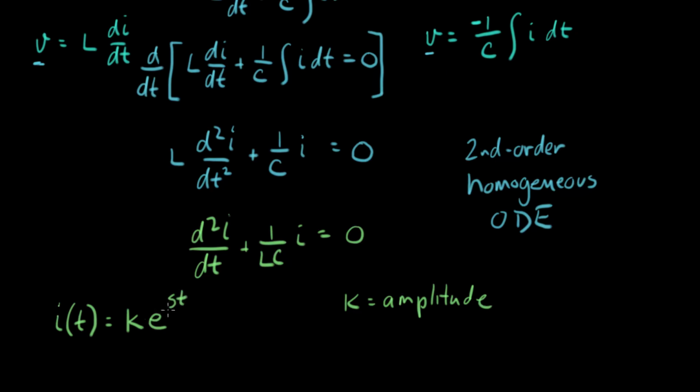So s times t has no units, and that means s has units of 1 over time. So s is a frequency of some sort. In particular, it's going to be a radian frequency, in radians per second. S is going to be called the natural frequency.